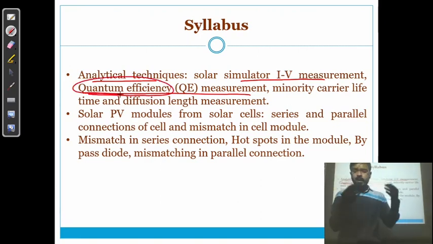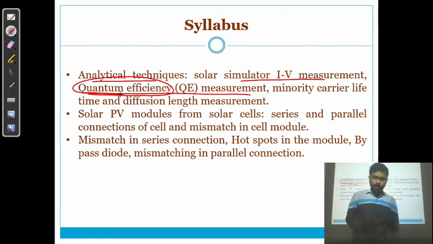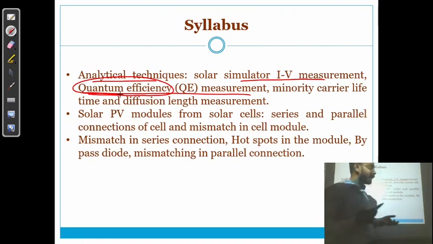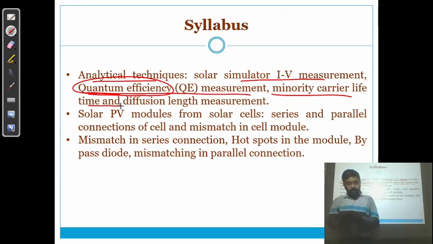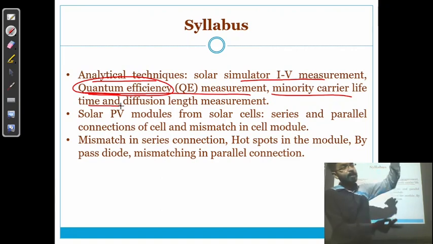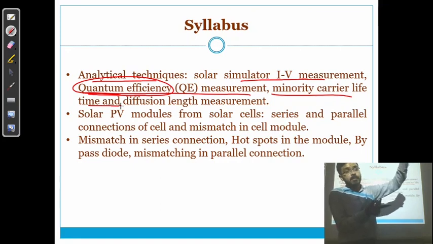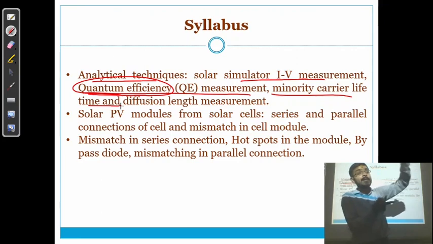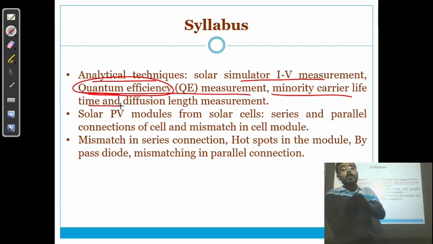In addition to quantum efficiency measurement, we will also see minority carrier lifetime and diffusion length. What is the meaning of minority carrier lifetime? It is the time from the moment an electron-hole pair is generated until it recombines, how long it stays alive before recombination.